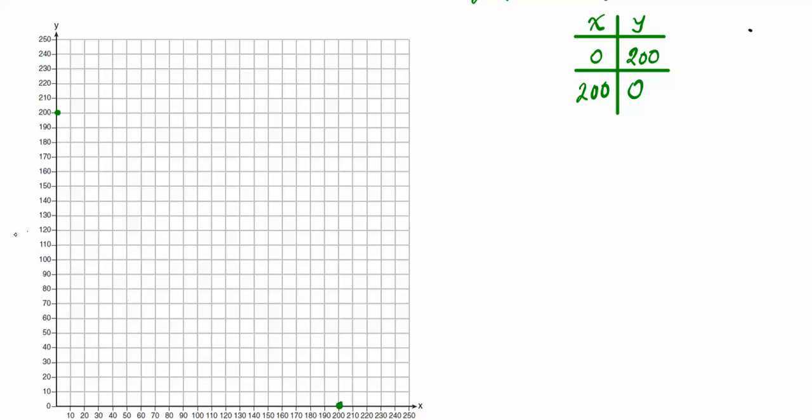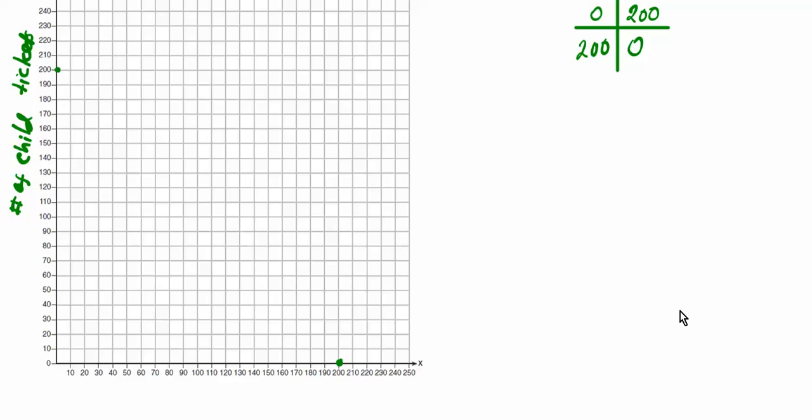We also want to label our axes. y represents the number of child tickets, and x represents the number of adult tickets.